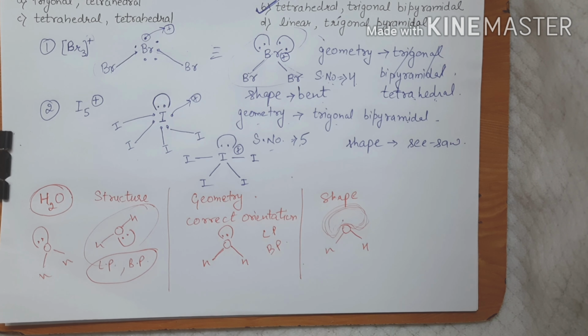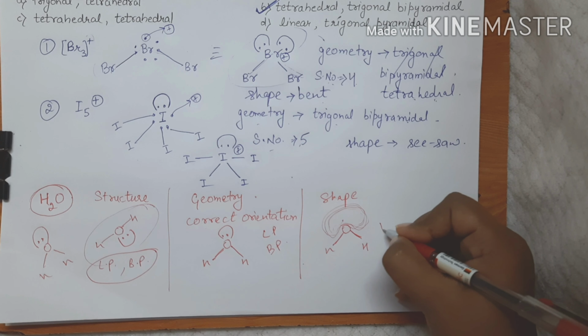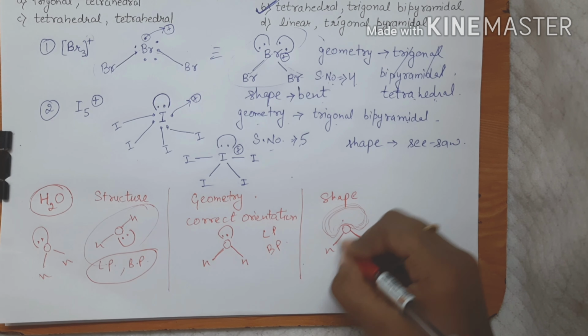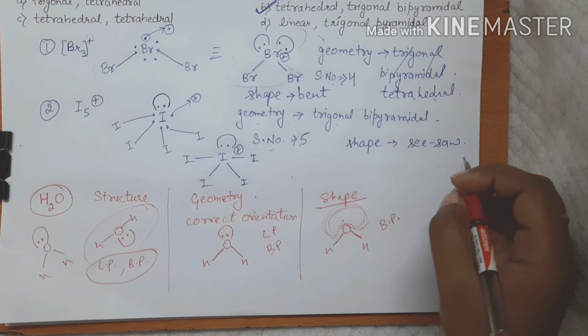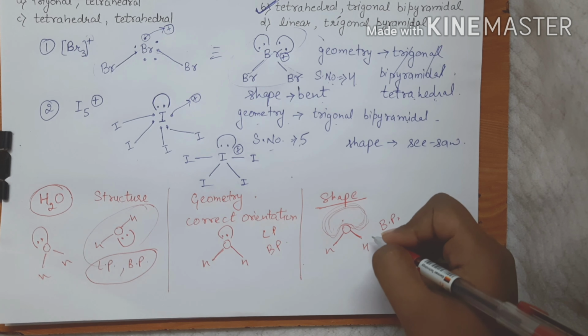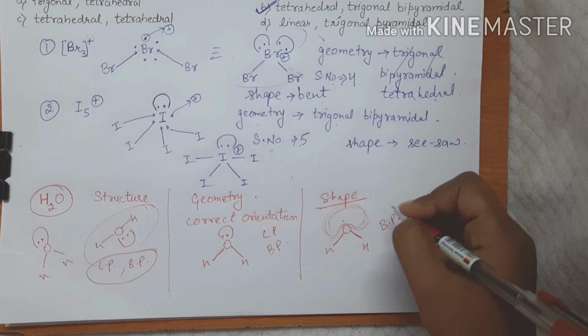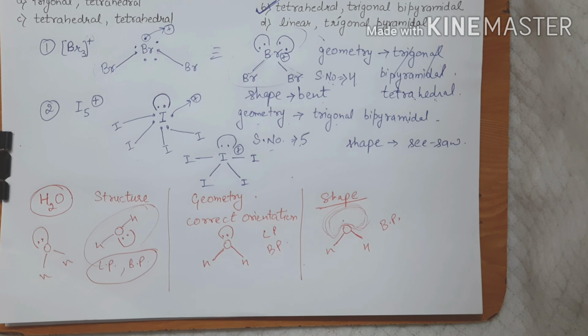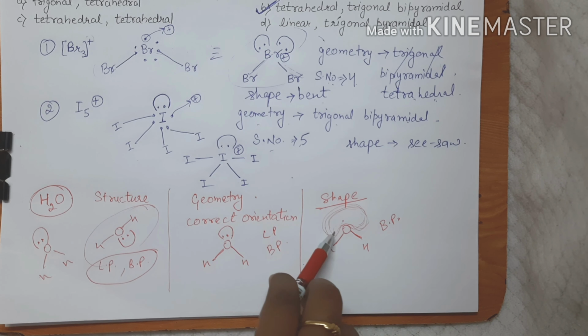So we'll not show the lone pairs, we always show the bond pairs only, and the orientation should be correct. So most correct drawing is shape. Here lone pairs are not represented because the lone pairs are basically the electron clouds, right? So this is all about the difference between structure, geometry and shape.